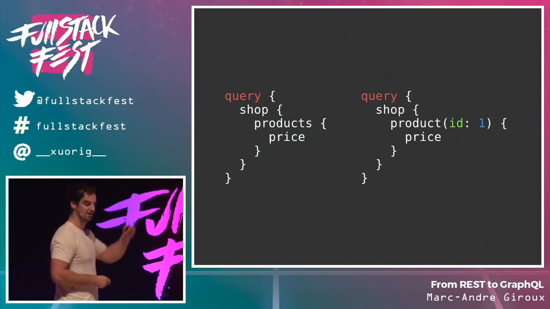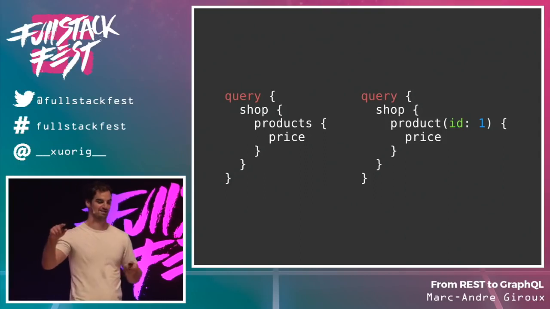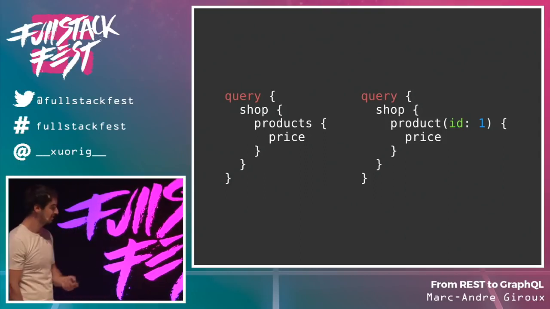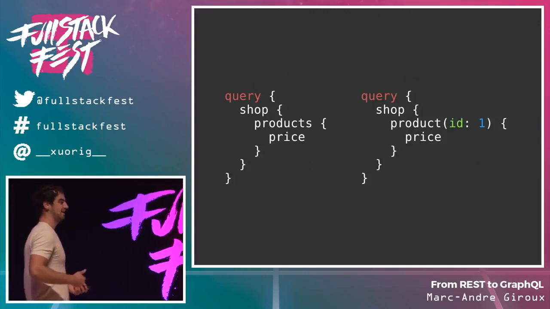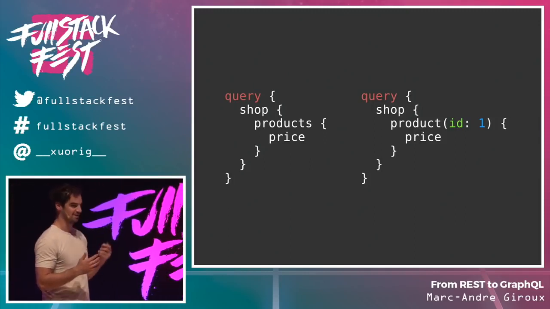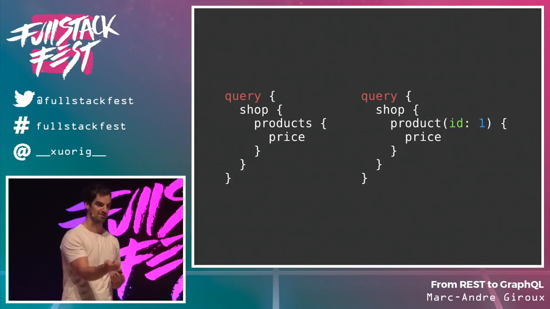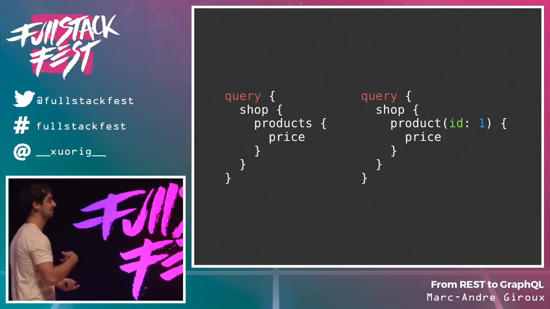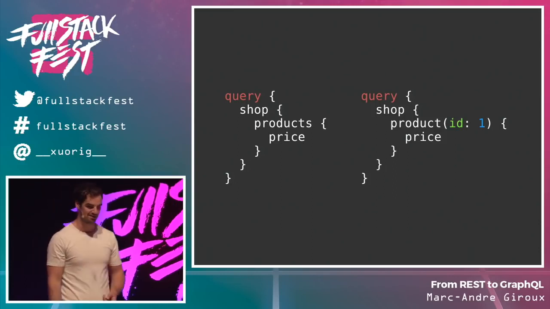Because one is nested under products, and the other would be nested under a serialized product ID 1 key, maybe. So if I fetch this first, and another view fetches the product with the second query, we're going to get two results, possibly. One's going to be outdated, and one's going to be right.